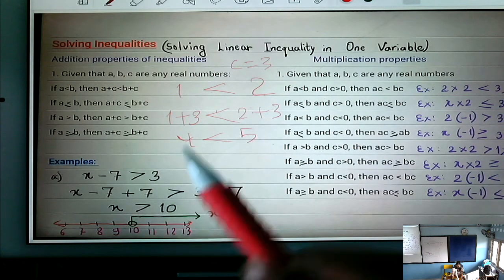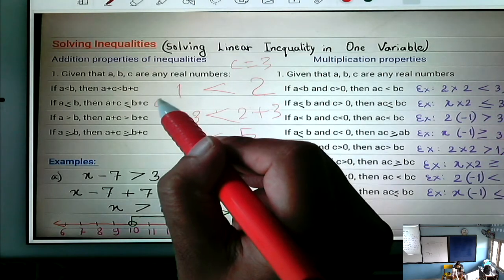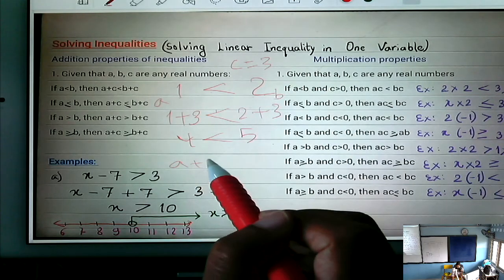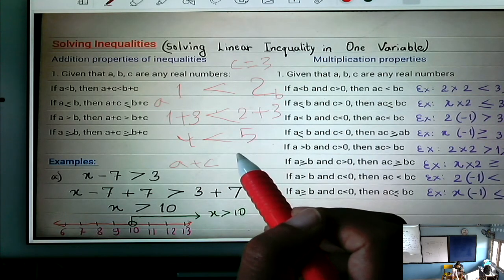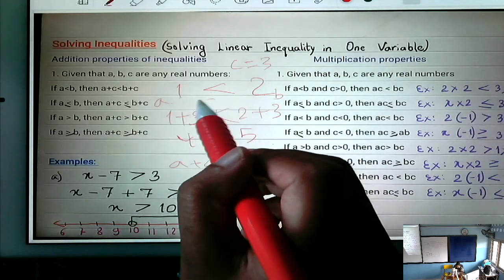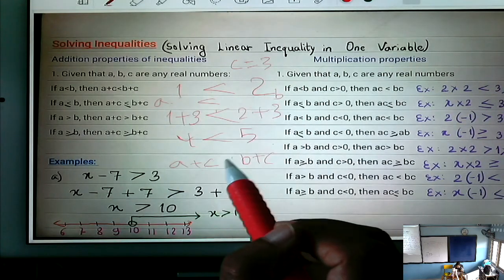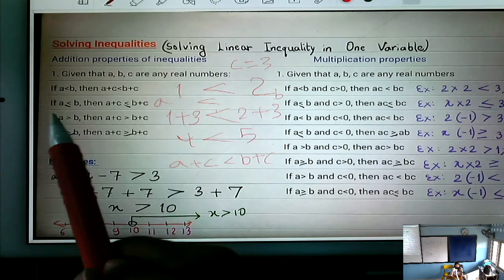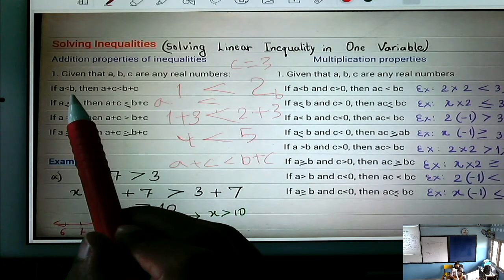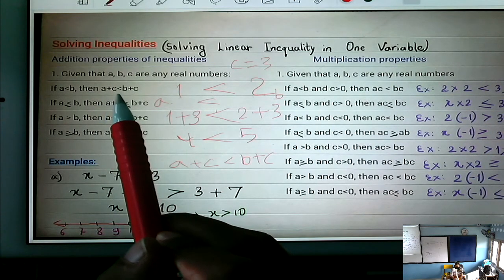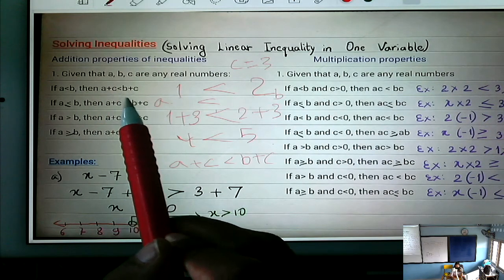So 1 is A, 2 is B, 4 means A plus C, 5 means B plus C. See? A is less than B, A plus C is also less than B plus C. Did you understand? The addition property says if A is less than B, then A plus C is also less than B plus C.